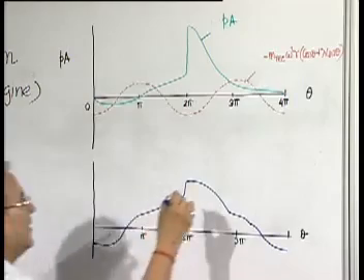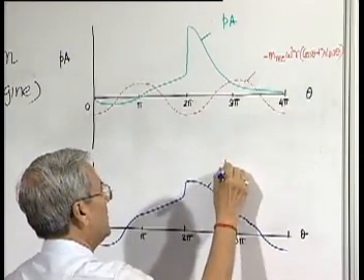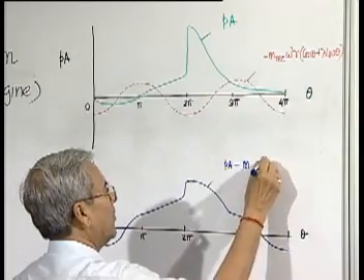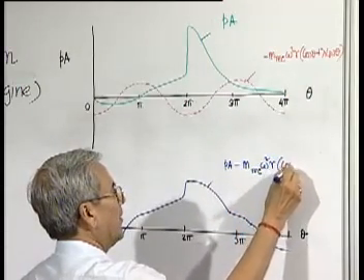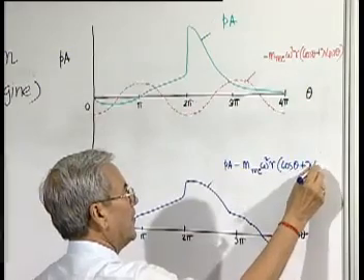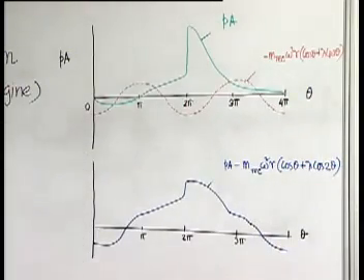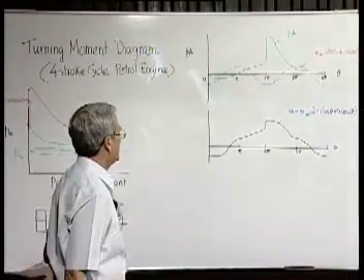This will be PA minus m reciprocating omega square r, just the summation of the two others.